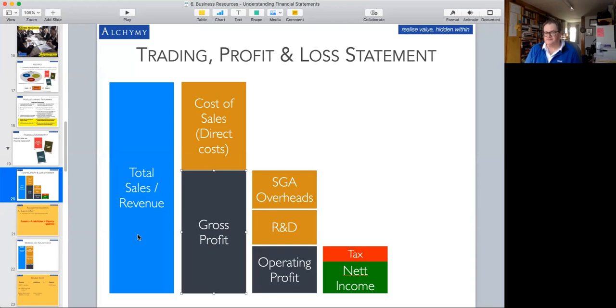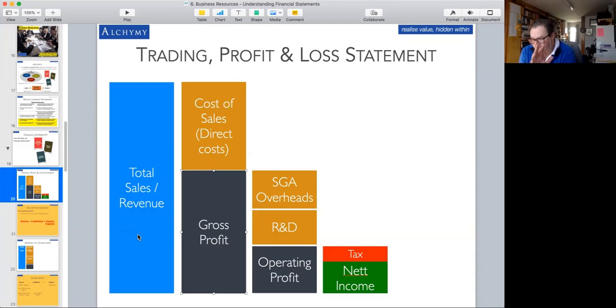And if that is the situation, we need to do something about it. If, on the other hand, our gross profit is increasing, that means we're probably in a better competitive position. Now, if our gross profit is shrinking, that means we have less headroom to cover off our non-direct expenditure.